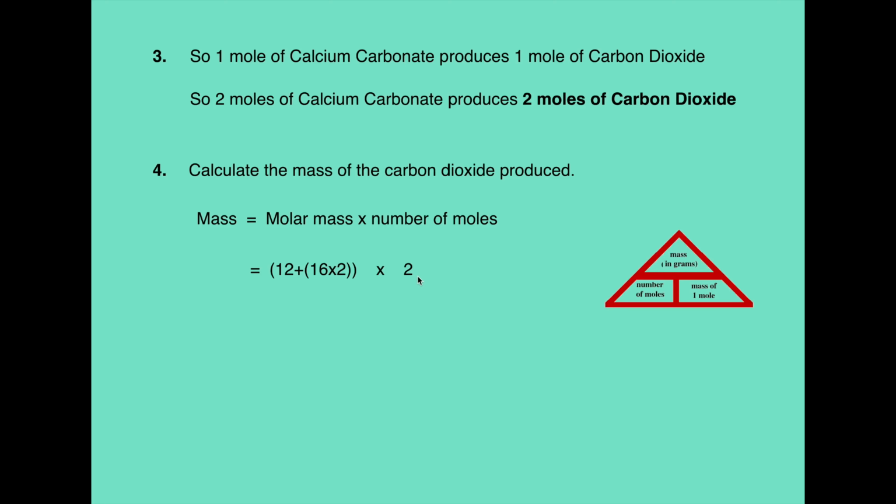We're going to multiply it by 2 because we want 2 moles. 44 times 2 is 88 grams. So 88 grams of carbon dioxide would be produced by reacting 200 grams of calcium carbonate with hydrochloric acid.